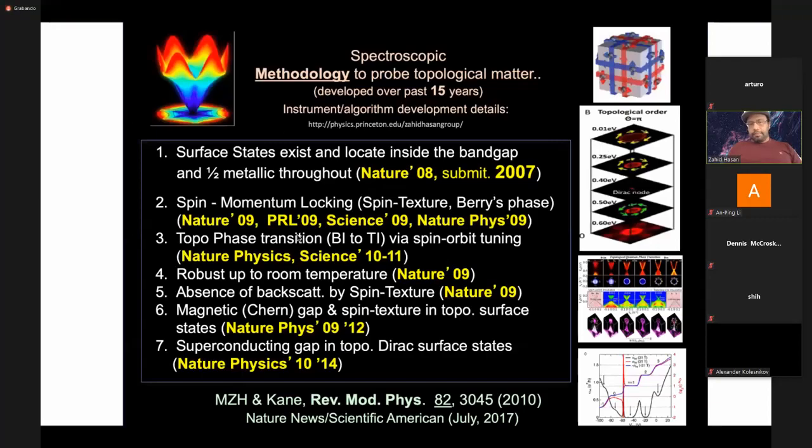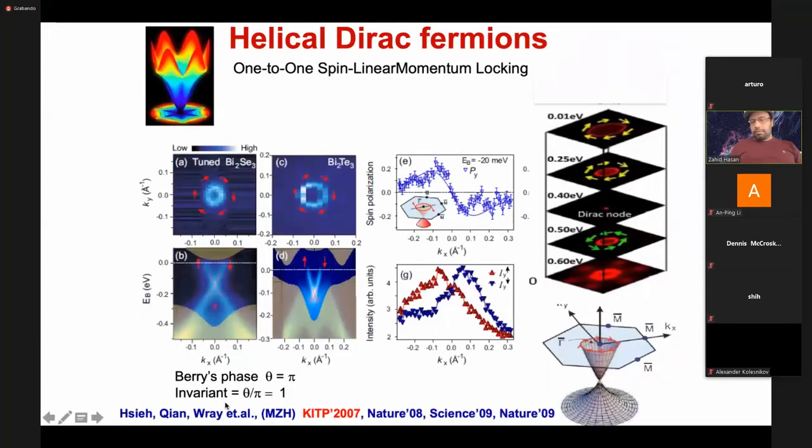Okay, so this constituted a determination of the topological invariant, but you also have to prove that if it is topological, it should remain the same as you tune the chemical potential across the gap. So no matter where you place your chemical potential, it should be the same. So this is how this was done: below the Dirac crossing, the spin chirality in momentum space will reverse, but the Berry phase remains the same.